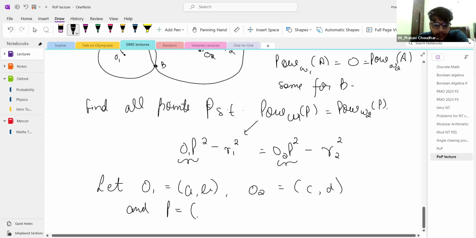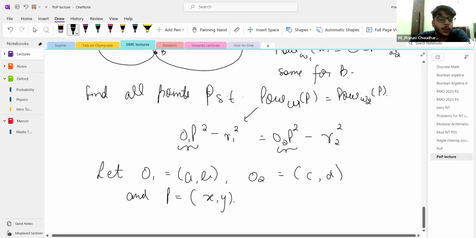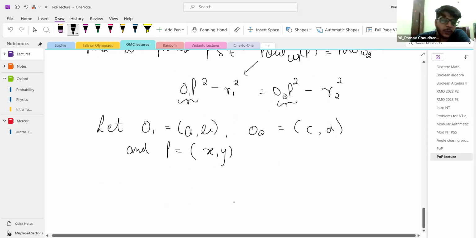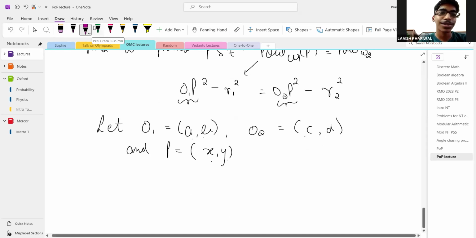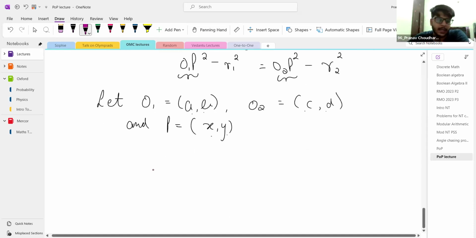You'll still be able to do it, but there's a much better way. Do you see how many variables we have? 1, 2, 3, 4, 5, 6. A person who is not experienced might think that this is the only way to do this, but I'll tell you a clever way. So what you can do is, I'll fix O1.